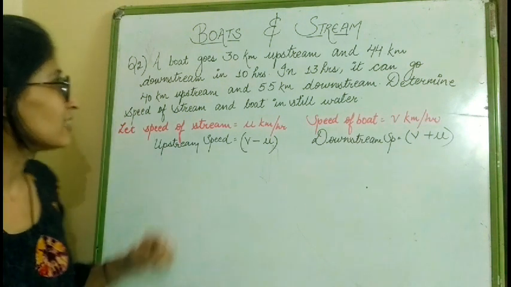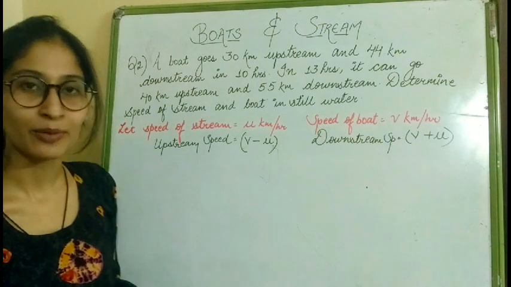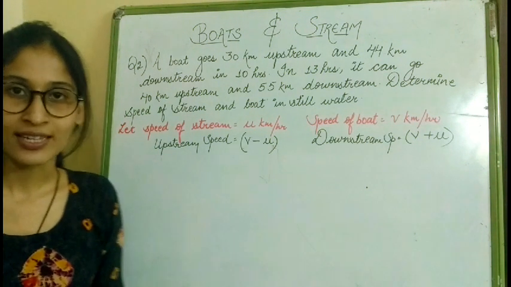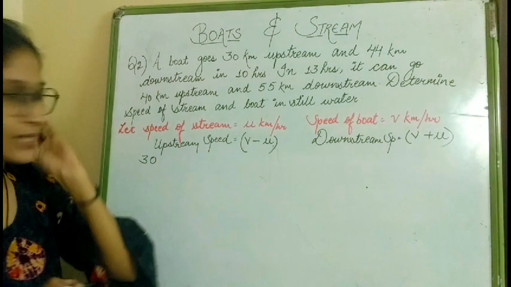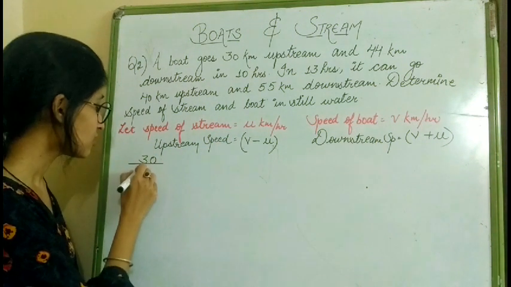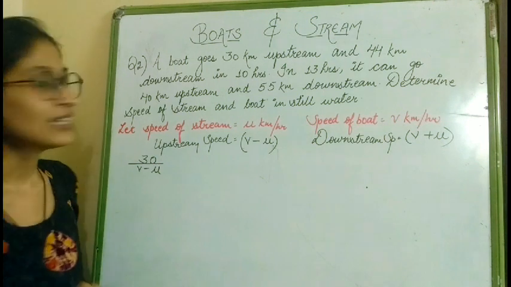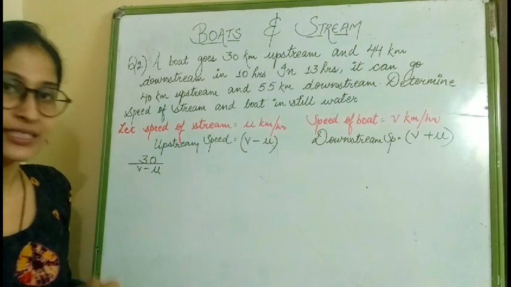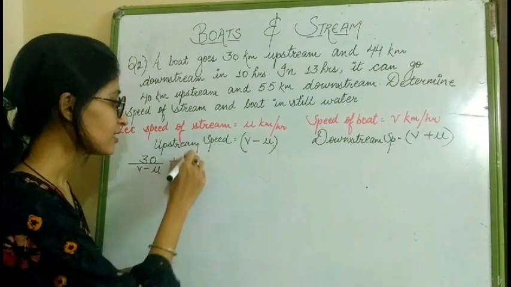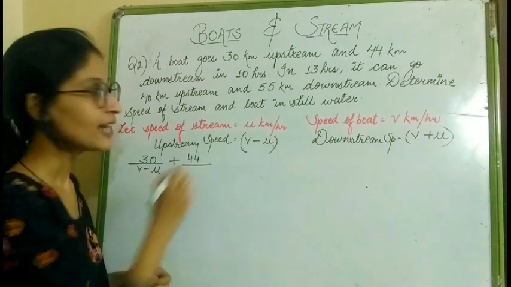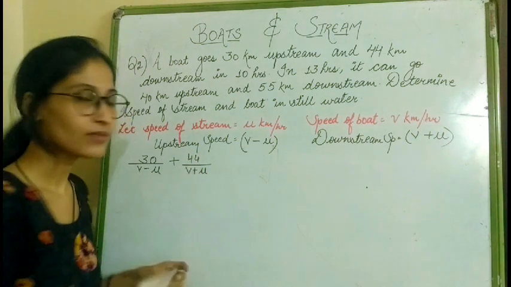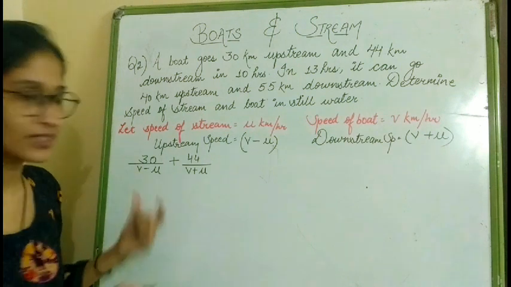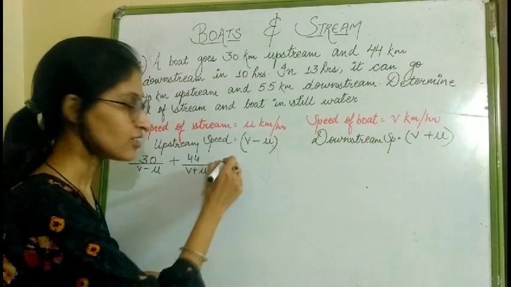Now we are going to form the equation based on the concept that distance upon speed equals time. Here a boat goes 30 km upstream. Distance here is 30 km and my upstream speed is v minus u. Next, 44 km downstream. Distance is 44 and downstream speed is v plus u. The time taken to cover this distance is 10 hours.